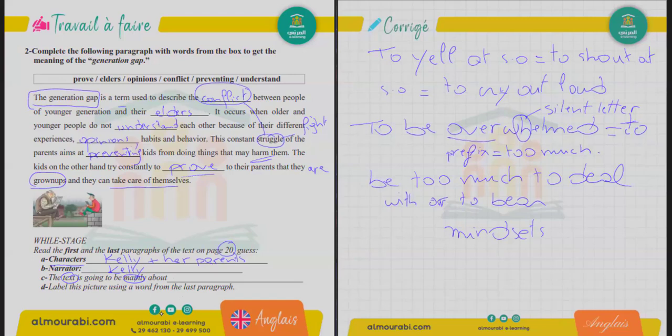Do they see eye to eye? No, they disagree. So if there is that conflict, the text is going to be mainly about the generation gap. I already explained that to you. Le fossé génération, big differences in mentalities between Kelly and both of the parents.